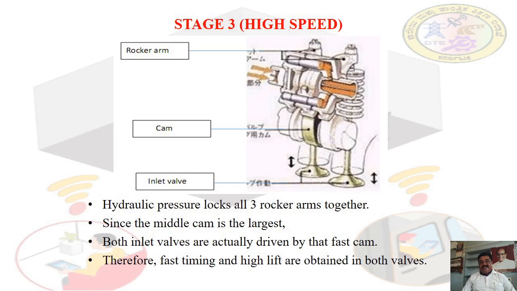Since the middle cam is the largest compared to the other two, both inlet valves are actually driven by that fast cam. Therefore, fast timing and high lift are obtained in both the valves.